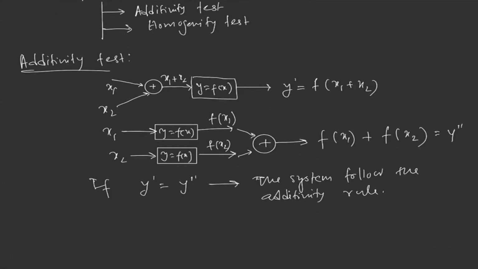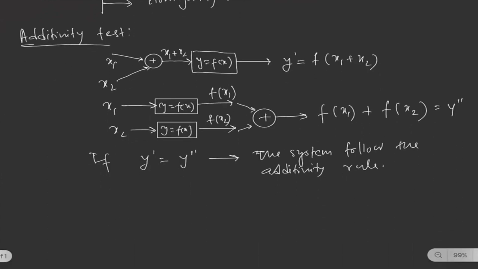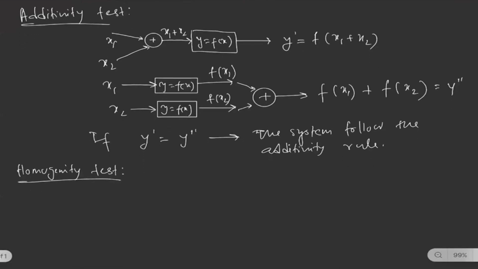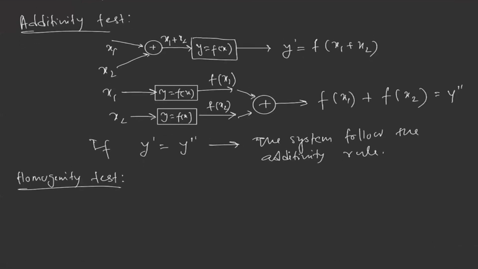And we need to go to the second test, which is the homogeneity test. In homogeneity, let's consider the same system, y equal to f(x). This is my system. Let's apply the input, which is x of t, and the output we can write.